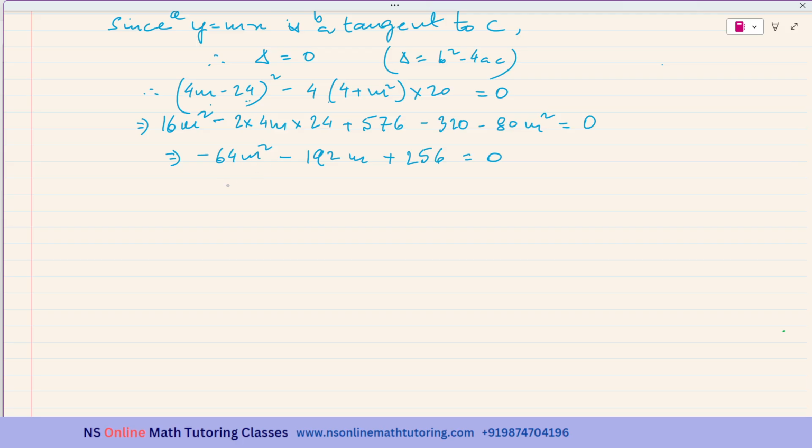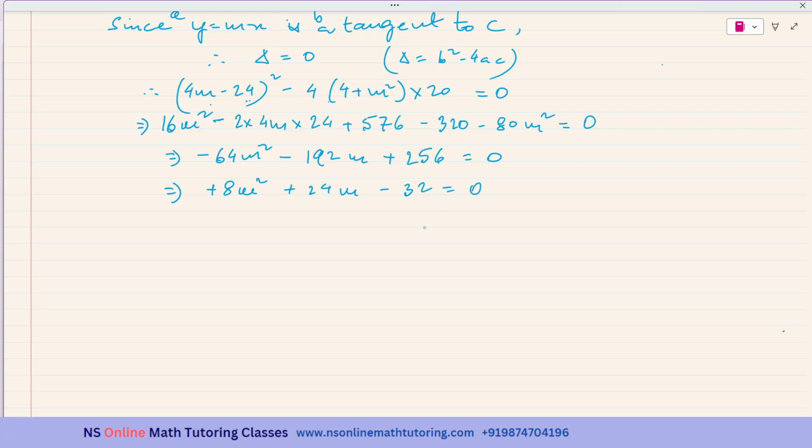Okay, and I can see that every number is divisible by 4, I'm not sure about 8. 8 times 2 is 16. Yeah, 192 is divisible by 8. And what about this one? Yeah, it is. I can divide by 8 also. So I can divide by minus 8, so that this becomes a plus sign, this becomes a plus sign. So this is 8 times 2 is 16 and 4. Okay, and this one is a minus sign. 24 and 32.